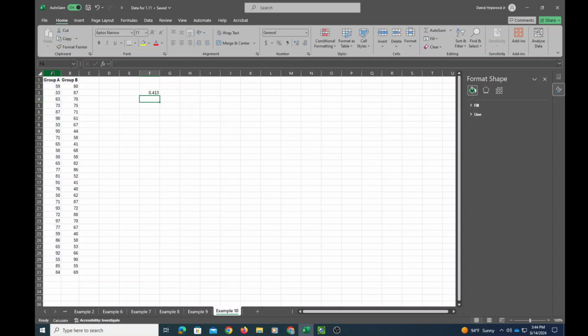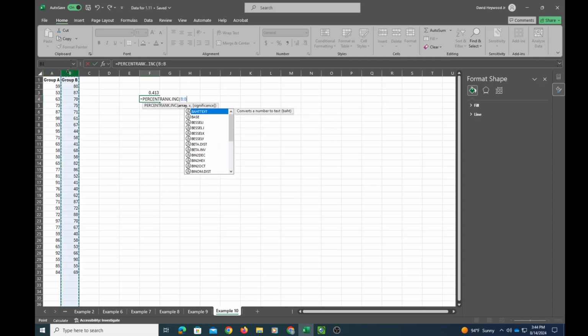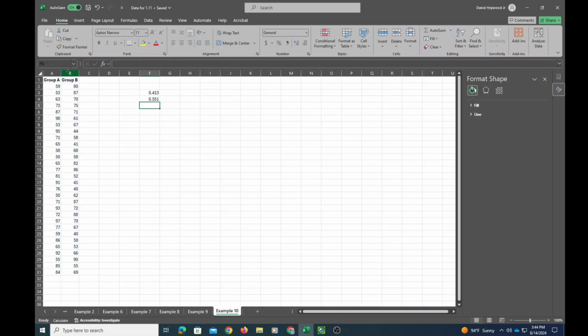Okay, so that's group A. And then for group B, we'll say equals PERCENTRANK.INC, select the group B data, and the person from group B scored a 68. So the group B person scored relatively better, right? Their score is better relatively speaking, because they have a higher percentile. They're at a higher percentile among their peers.